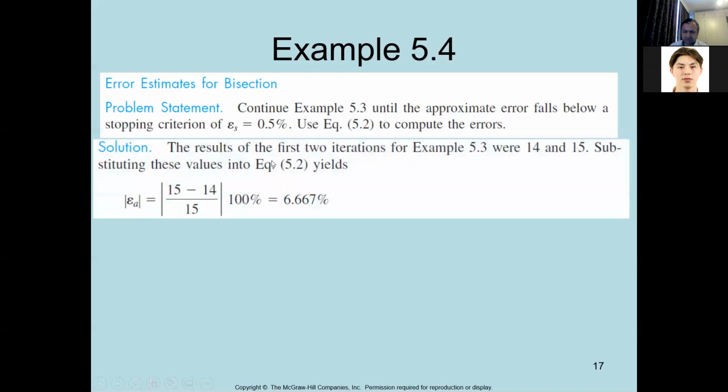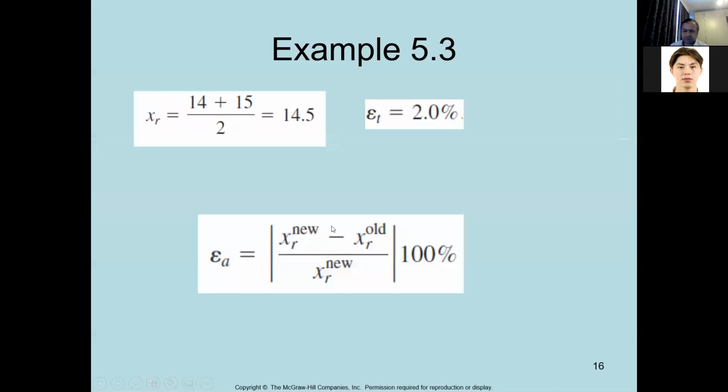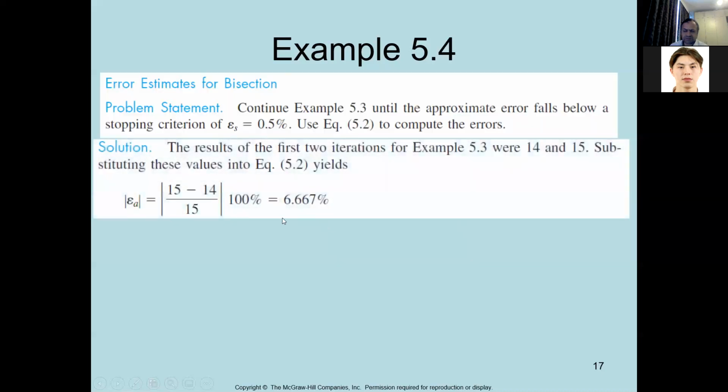So in this case, we can use the absolute error like this. The results of the first two iterations from example 5.3 were 14 and 15. So substituting these values into this equation, in the first approximation we get 14, and in the second approximation we get 15.